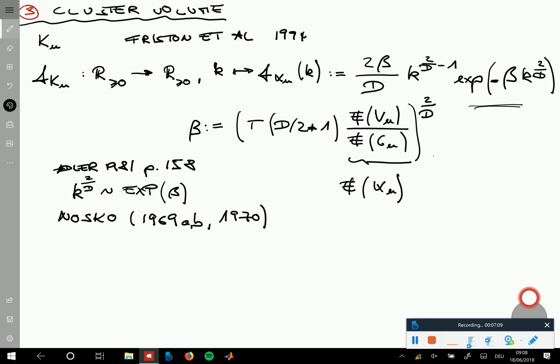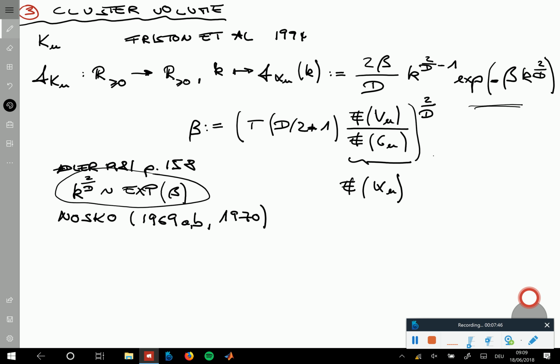So this person, Nosko, has reported this result, which might or might not have been derived, because Adler remarks that they have strong practical relevance, so that you know what the cluster volume is distributed like, but he also remarks that no detailed proofs are given in these Nosko communications.